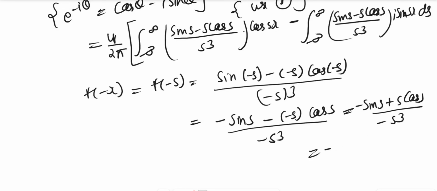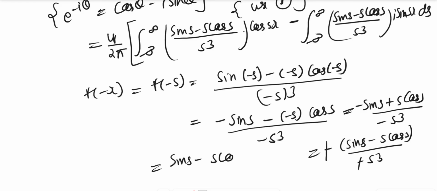Now in this take minus common, it is minus (sin s minus s cos s) divided by s cube, in which minus and minus cancel. So finally it is sin s minus s cos s divided by s cube, which is equal to f of s. Hence this function is even.